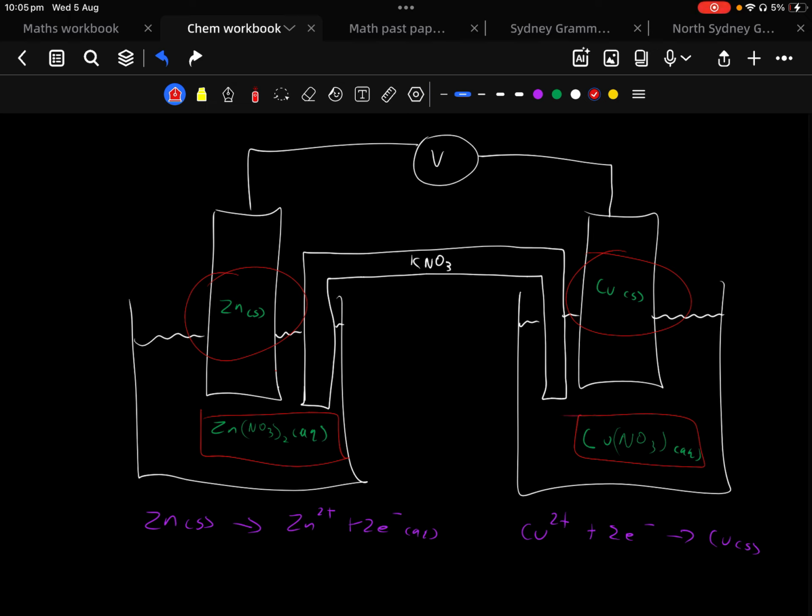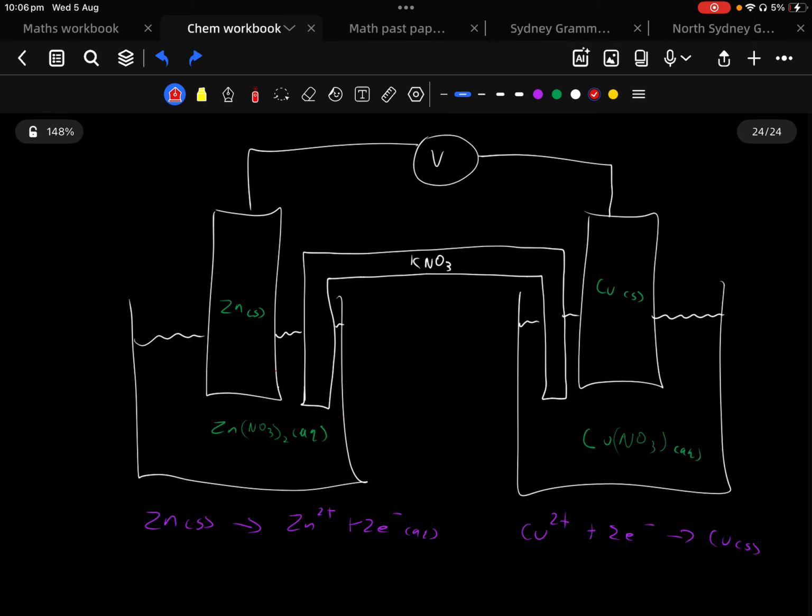And it's important that these metals are dipped into the same solution of the metal, zinc with zinc and copper with copper. So these are your two electrodes.